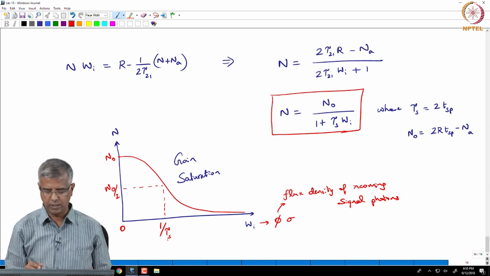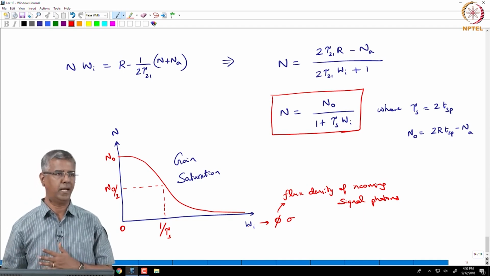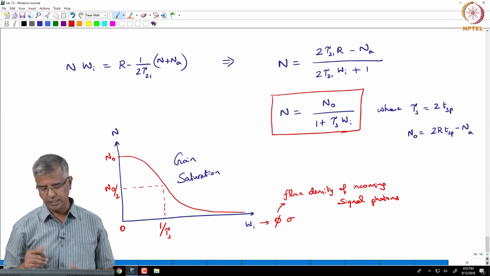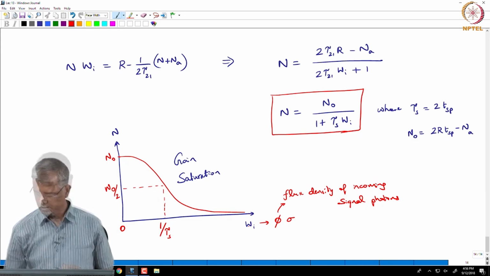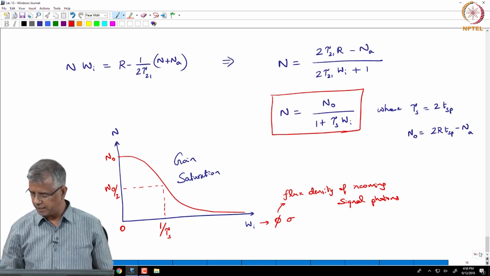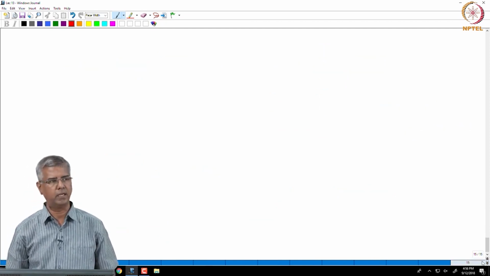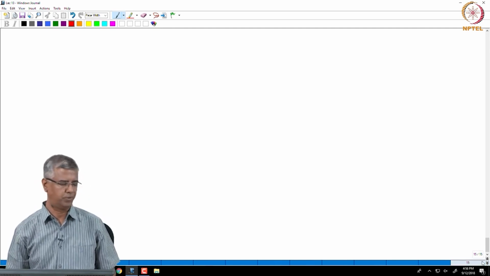So, when Wi is a very large value, the gain actually goes down to 0. Let us take an example. We will continue with the same example of erbium silica gain medium, but let us start quantifying a few things.